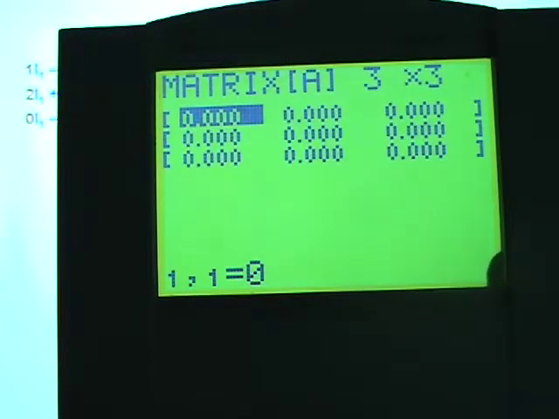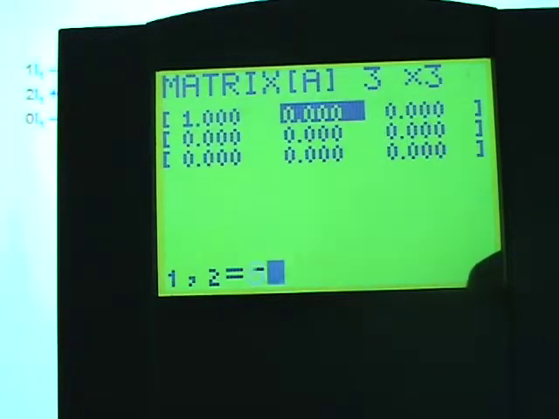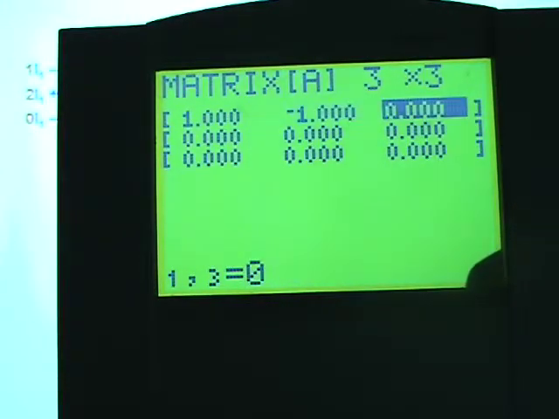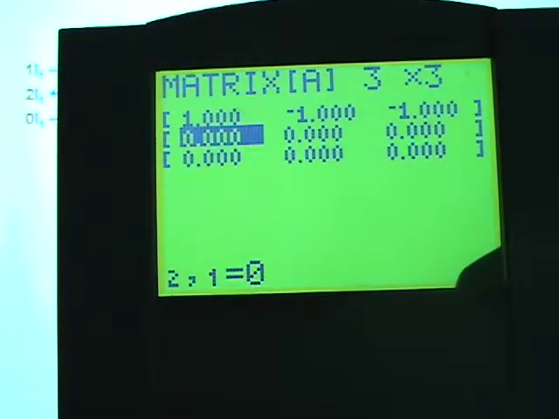And what you need to do is write down the coefficients on the left of the first equation. You have a positive 1, enter, and negative 1, enter, and negative 1, enter. Now you have the 3 coefficients of the first equation. Now remember, a negative sign is obtained on the calculator. The negative sign inside the parenthesis is used.